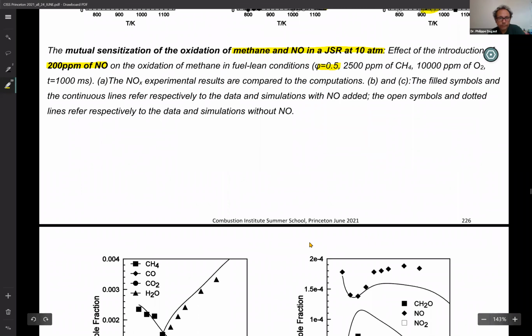We did some additional experiments. So far we were in fuel lean conditions. These are performed at stoichiometric conditions.